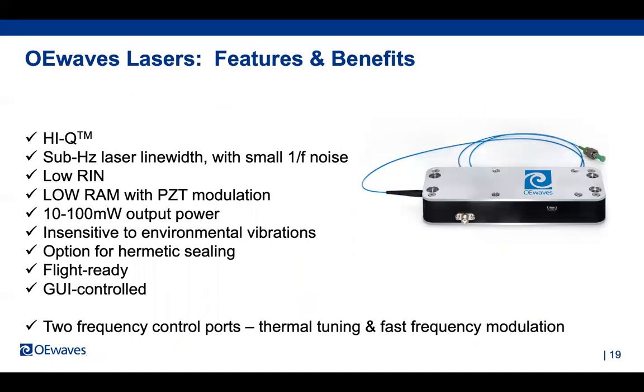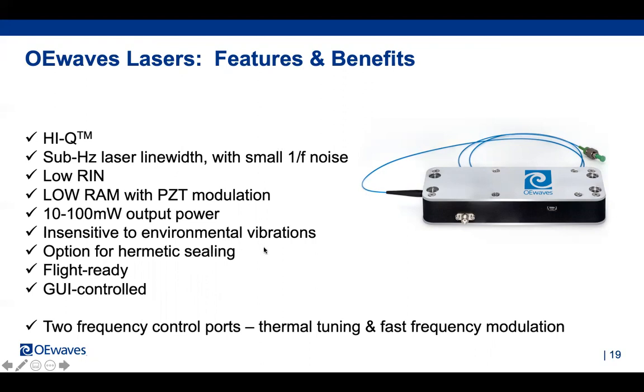So in conclusion, I'd like to emphasize that at OEwaves, we deliver lasers which have exceptionally good noise performance with not only sub-Hertz line width, but also importantly, small 1/f noise. They have low RIN, they have low residual amplitude modulation for PZT, for locking. They can deliver very high powers depending on the wavelength.